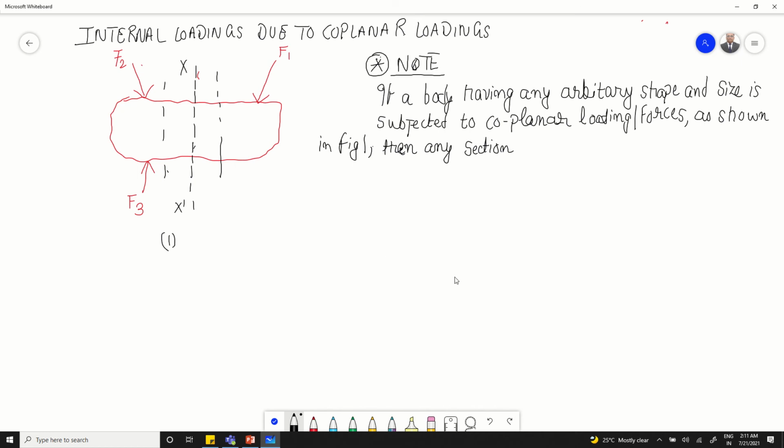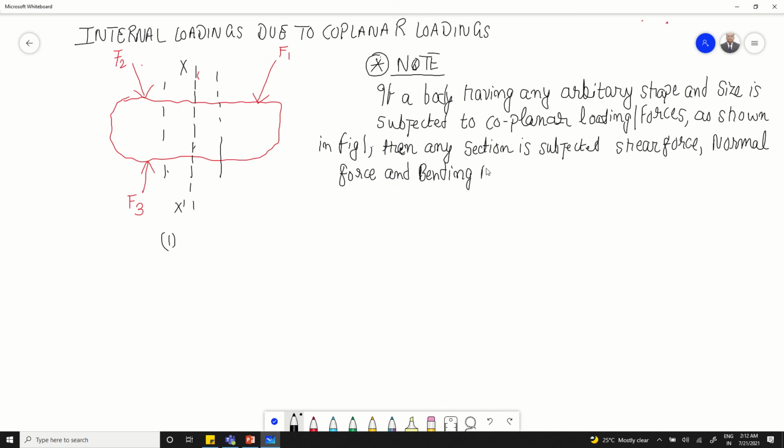Any section in any part of a body is always subjected to shear force, normal force, and bending moment components.